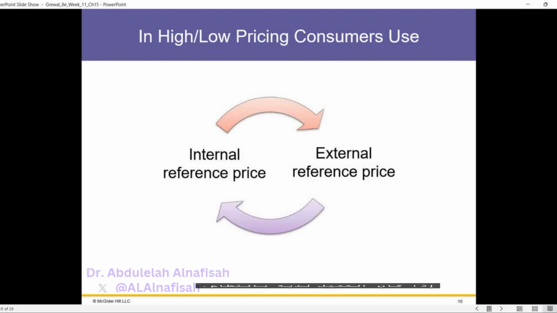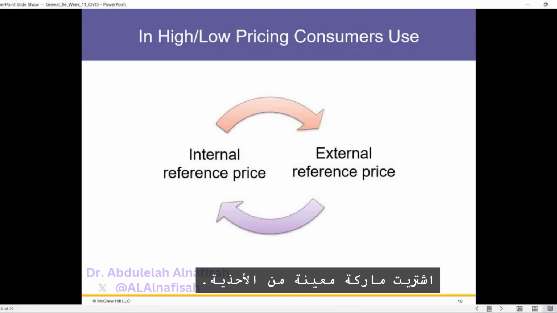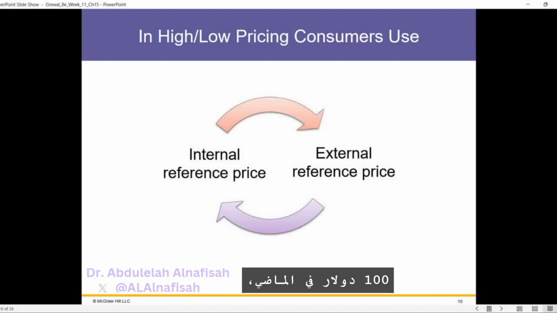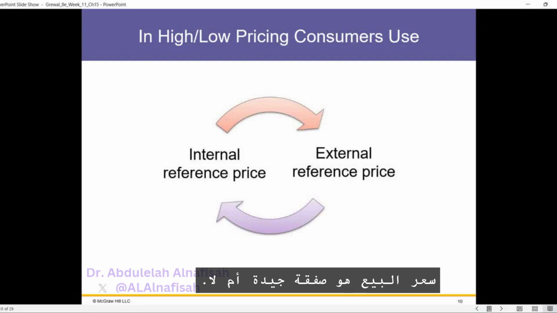For example, if a customer has regularly purchased a specific brand of shoes for $100 in the past, their internal reference price for similar shoes would be around $100. This internal price perception influences their evaluation of whether the current selling price or sale price is a good deal or not. 2. External reference price.